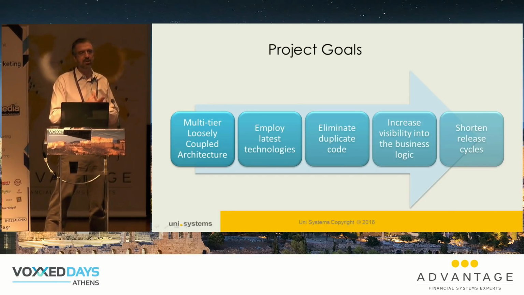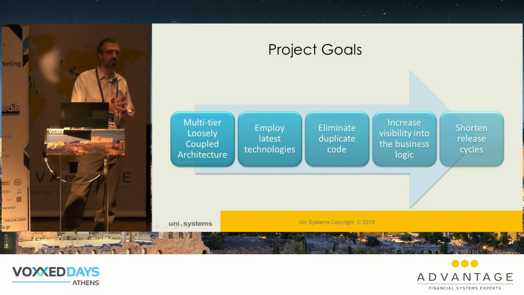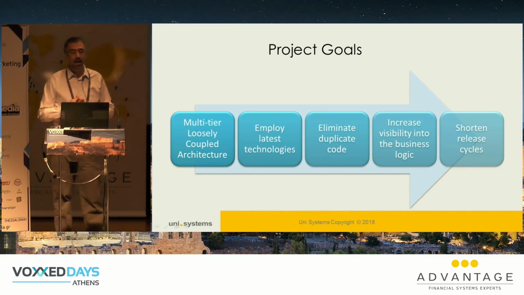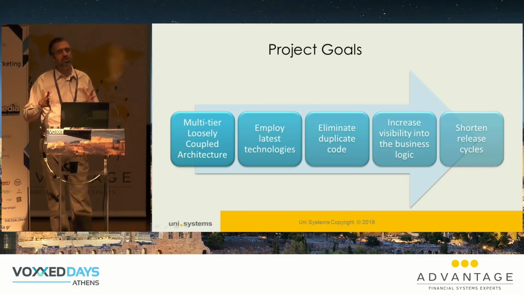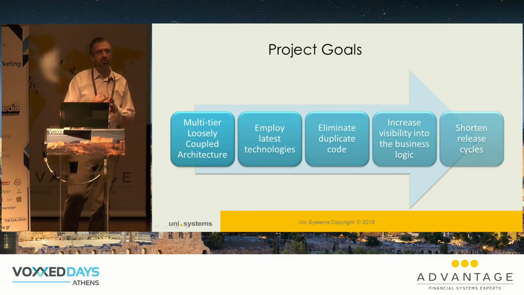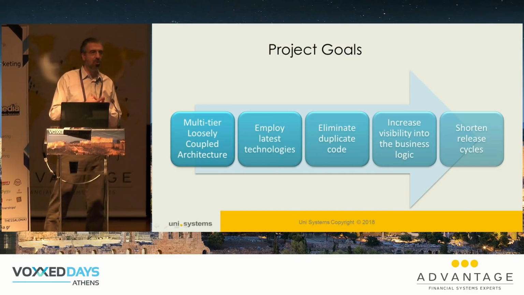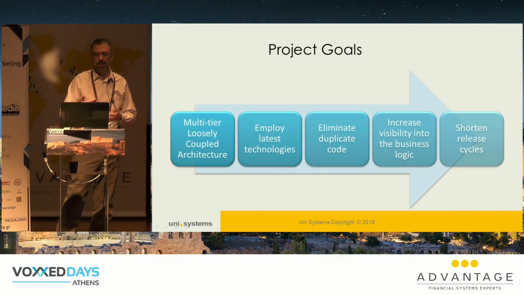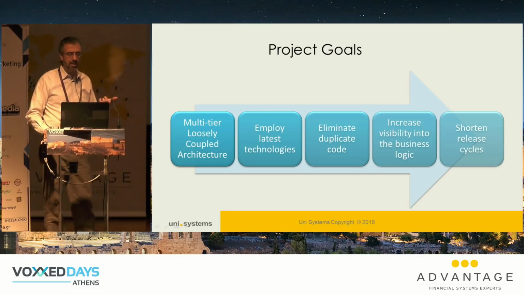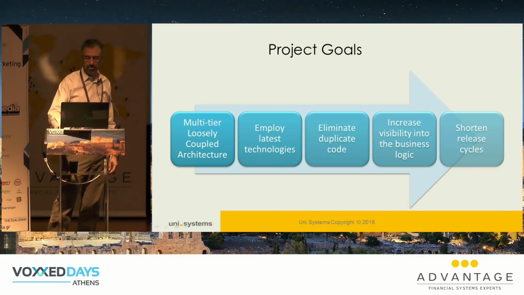And the business had no way of knowing what is running, and why it's running, and where it's running. And if you want to make a change, you didn't know exactly where you have to go to make this change. And no matter how much documentation you have, it's never up to date. So you actually depended on the developer to tell you what is the exact business logic that's inside the system. And as we said, there are also shortened release cycles.